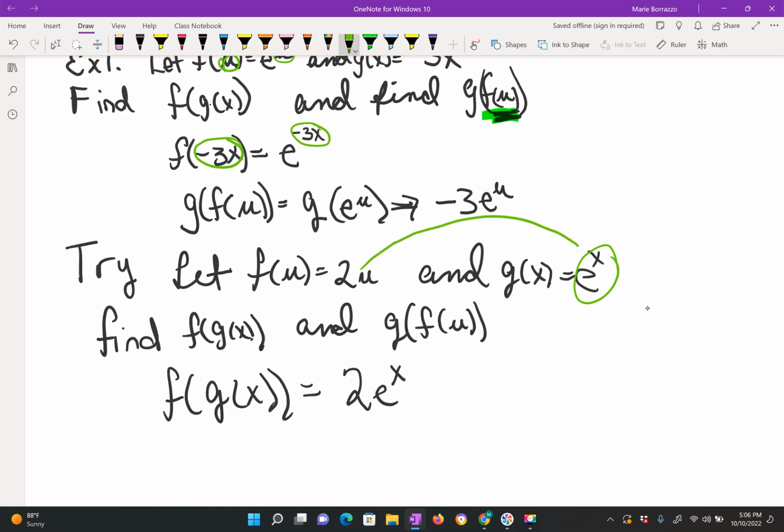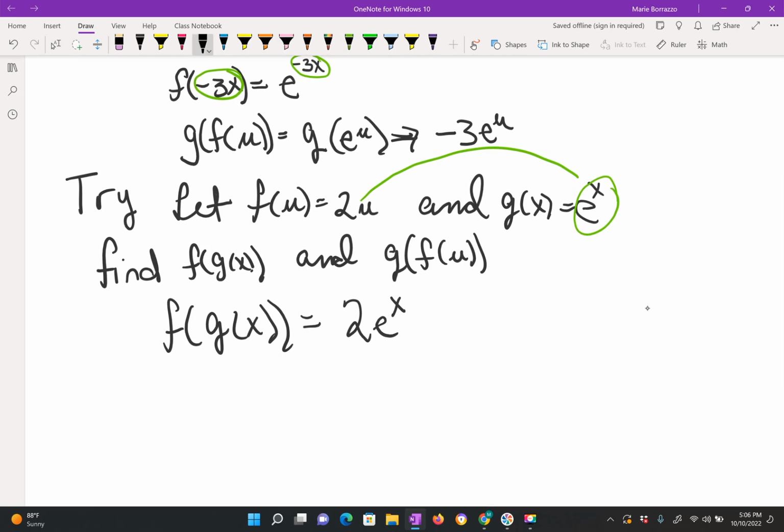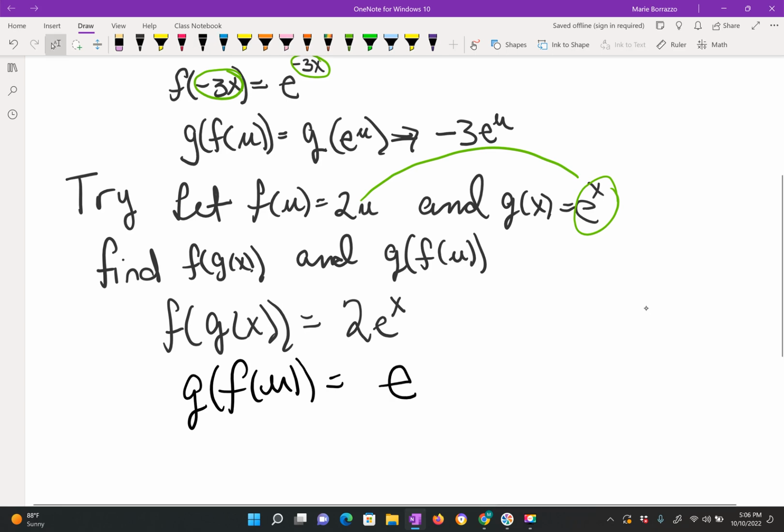Composite, basically. In the next part, if I have g of f of u, what do you think that one's going to be? 2e to the u, e raised to the power of 2u. Yep. You comfortable? Yeah.